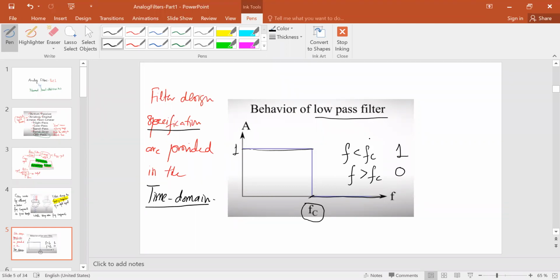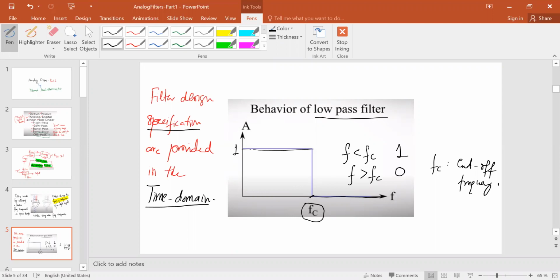So FC is a kind of cutoff frequency, I can say. We can also call this the cutoff frequency. It means this is a kind of barrier in the frequency. Before this, we want the frequencies to pass, and after this, not. So assume that this is a specification and it is given in the frequency domain.